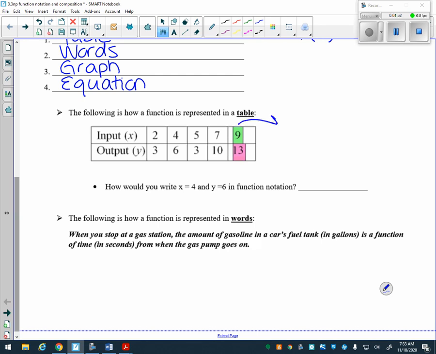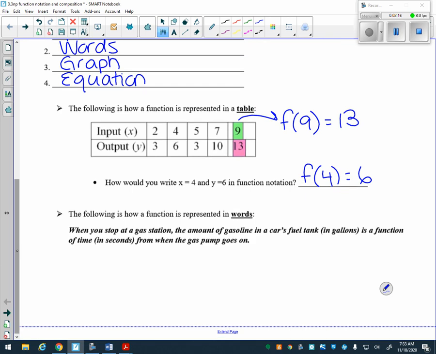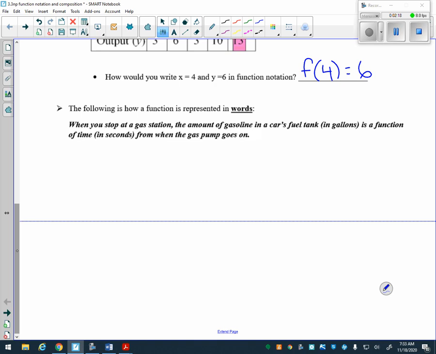So I would write this ordered pair in function notation, f of 9 equals 13. If we had x equals 4 and y equals 6, I would write it f of 4 equals 6. Anytime we're describing in words and function notation or writing our final answer, it's f of your x value equals your y value.